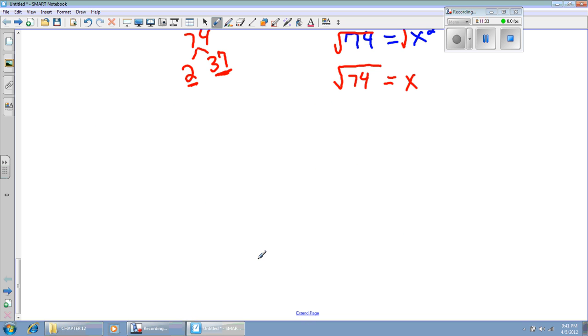Now, let's use a skill here. Let's think about the square root of 64. I know that that is 8, right? And I know the square root of 81 is 9. Now, some of you are immediately going to go, 8.5. No, it doesn't have to be 8.5. Let's think about this here, okay?